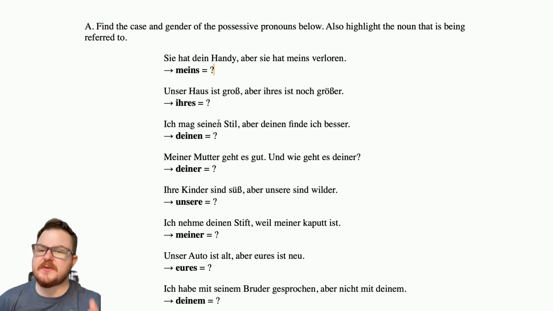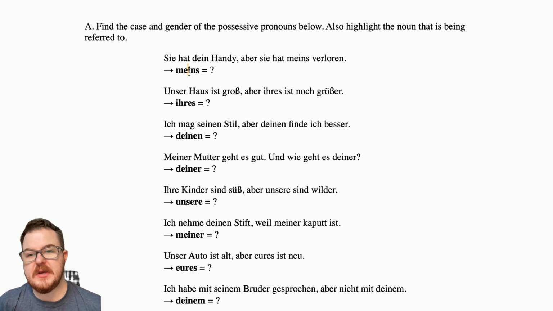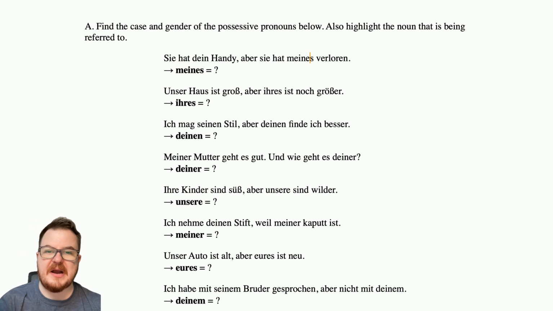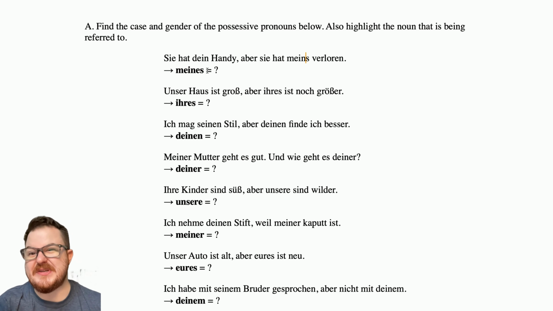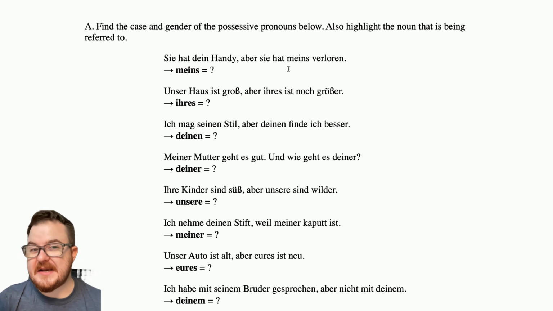So let's take this first one as an example. Sie hat dein Handy, aber sie hat meins verloren. You're going to look at this word and immediately shout at me and say, hang on a minute, Ruben, didn't you tell me I need to put an E in there? Shouldn't it be meines? Sie hat meines verloren. And yeah, it should. It should have a little E in there. Why did I tell you that there should be a little E in there?